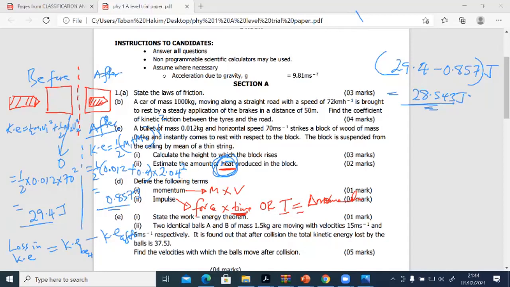In other words, impulse is the same as the final momentum minus the initial momentum.